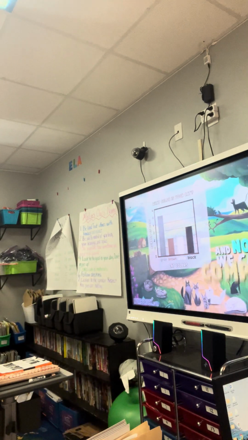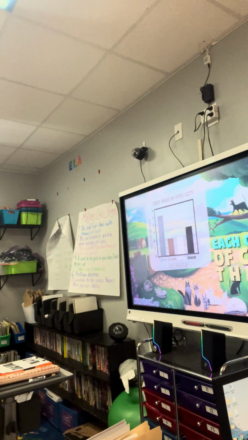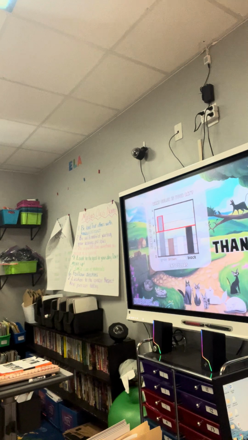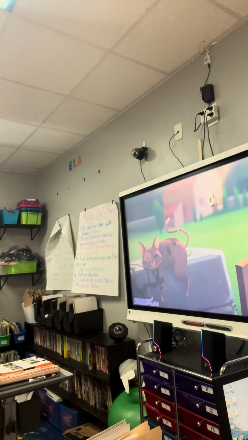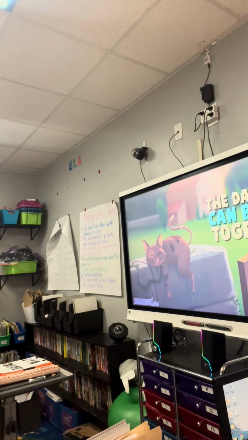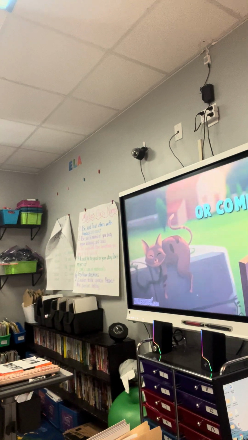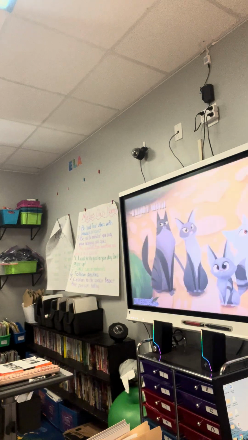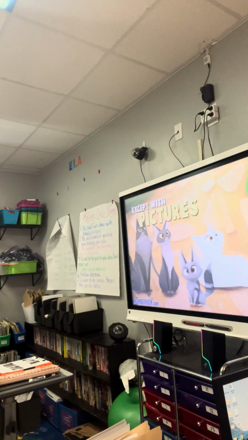And now we can compare each group of cats, like the fact that there are 2 more gray cats than black. On a bar graph, the data can be put together, taken apart or compared. Picture graphs can show the same data, except with pictures and the key.